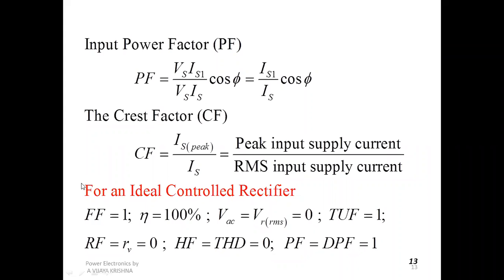For an ideal controlled rectifier, all the controlled rectifiers are practical ones. In any domestic purpose we are using inverters. Inverters make the rectification, the conversion of AC to DC and also DC to AC.